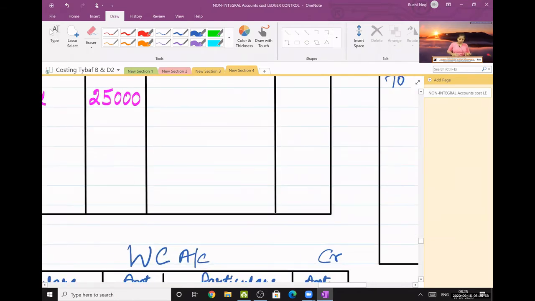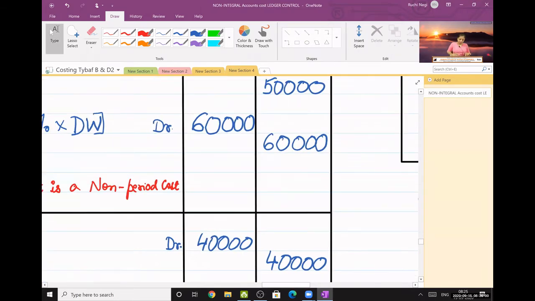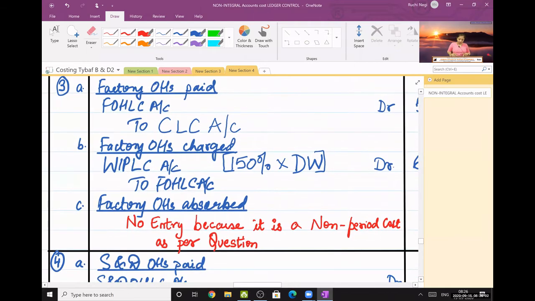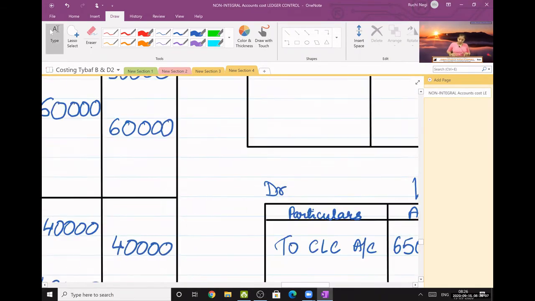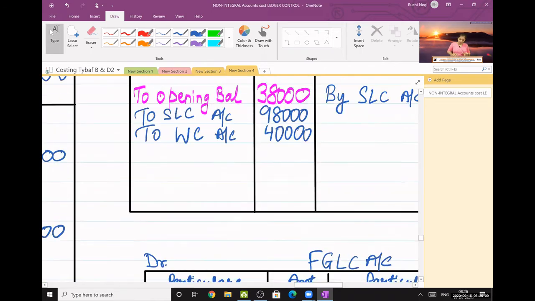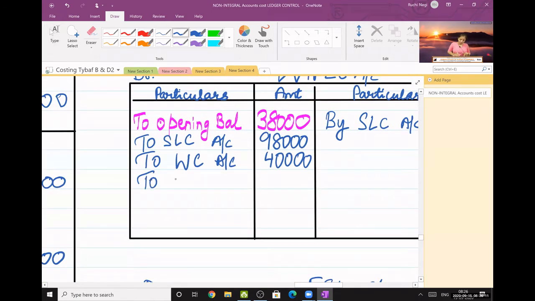Next, I paid it, now I will charge it. WIP to FOH 60,000. WIP to FOH ledger control account 60,000.